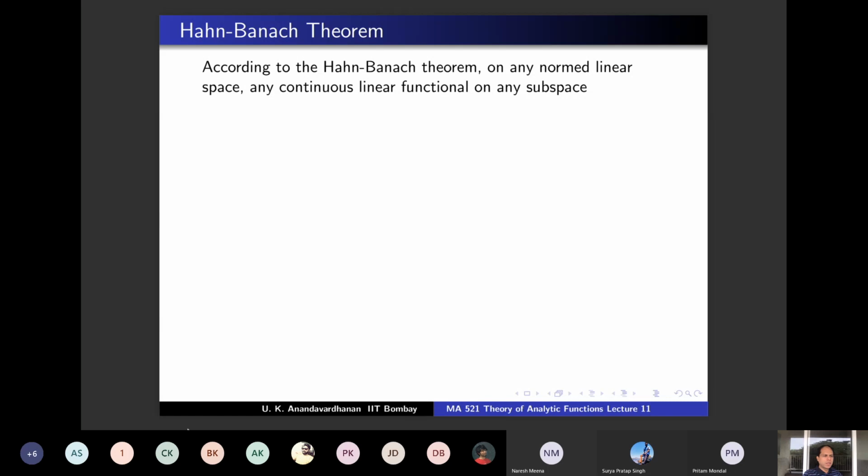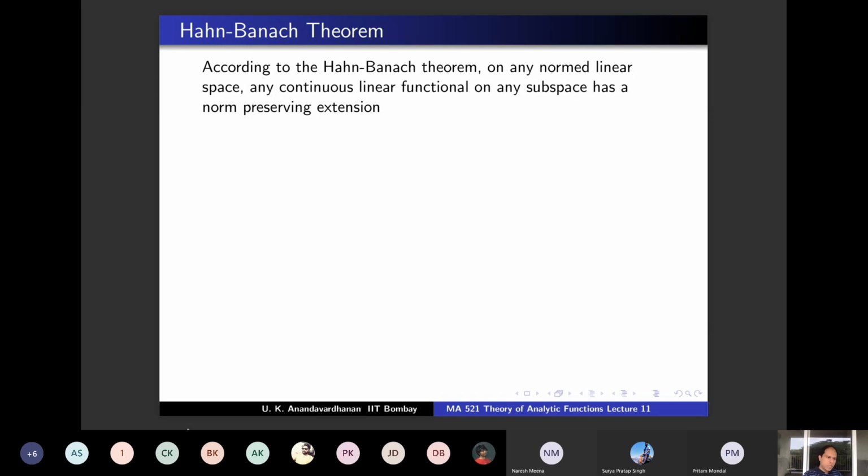M star is the continuous linear functionals on M. Suppose you have a continuous linear functional given on M, then the result says that it can be extended to a continuous linear functional on the whole of X. So on a subspace, if you have a continuous linear functional, it can be extended to a continuous linear functional on X in a norm-preserving fashion.